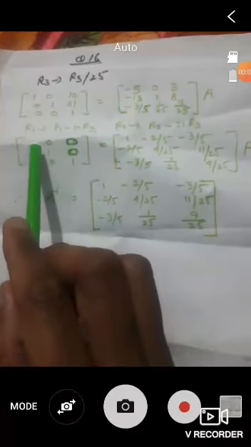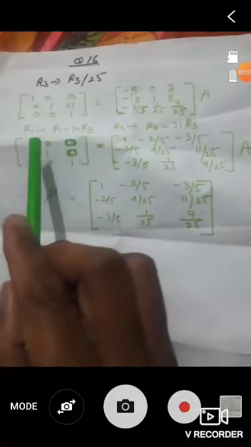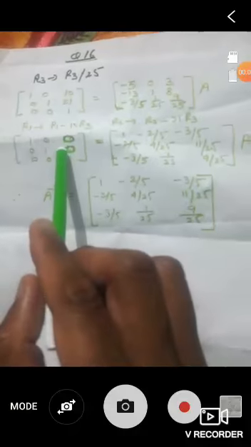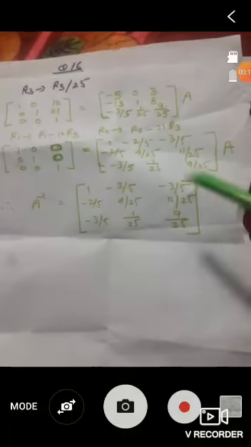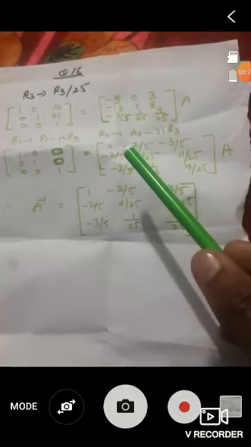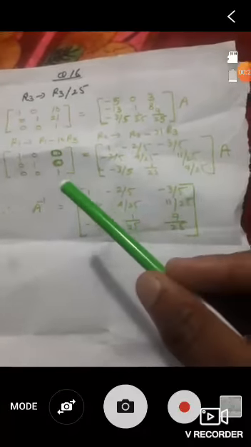Why do I apply these? Because I want to change the first row last element into 0, and the second operation is because I want to convert the second row third element into 0.